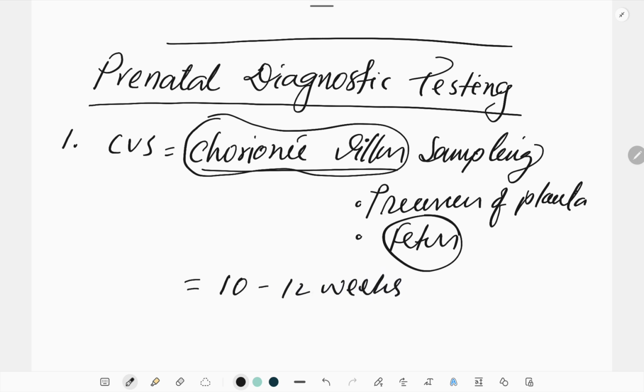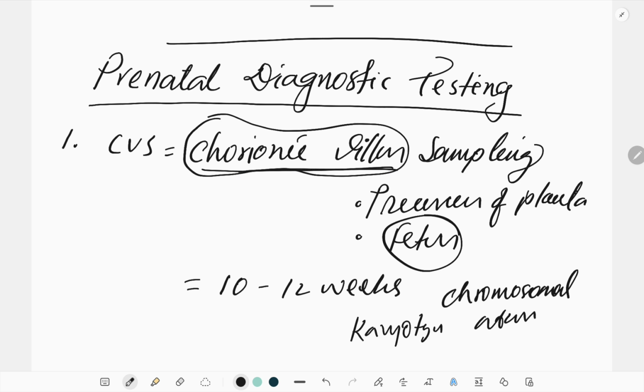It is the number one investigation which can be done early in the pregnancy to identify any chromosomal abnormality by karyotyping of chorionic villus tissue. So this is the number one test, chorionic villus sampling, around 10 to 12 weeks of gestation.